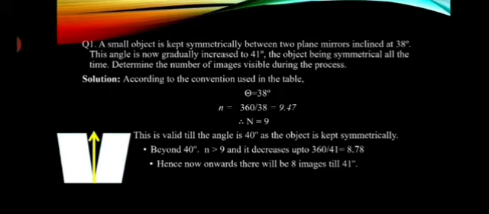So after 41 degrees the number of images formed will be 8, and initially the number of images formed was 9. So when the angle is increased from 38 degrees to 41 degrees, the number of images formed by the mirrors will decrease to 8.